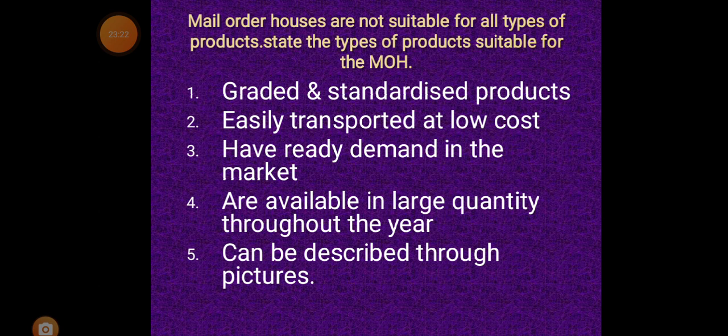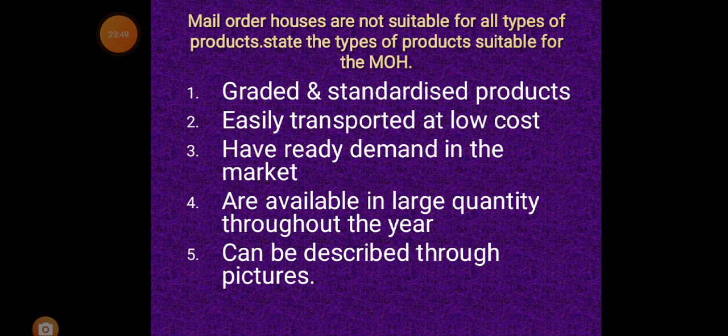And the last question of this section: mail order houses are not suitable for all types of product. State the types of products suitable for mail order houses. MOHs, mail order houses. If they have asked only to state, you have to only state the points for 4 marks, no need to explain.